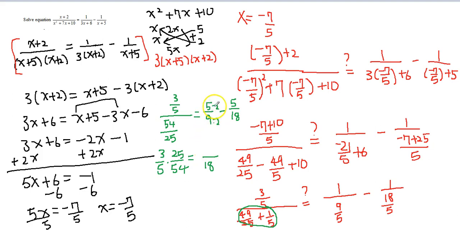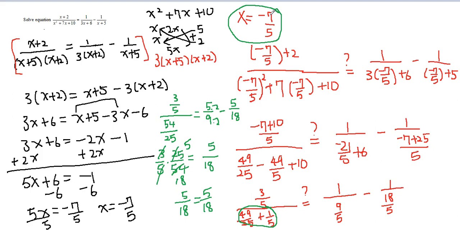So 10 minus 5, which is 5 there. Now we're going to cancel out some of this, so that goes 5, and 3 goes into 18. So 5 over 18 is indeed equal to 5 over 18. So x equals minus 7 over 5 is the correct answer.